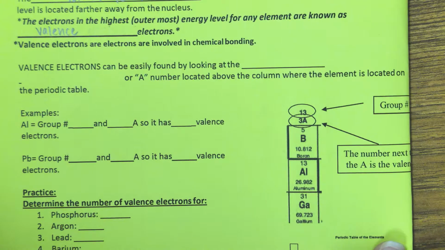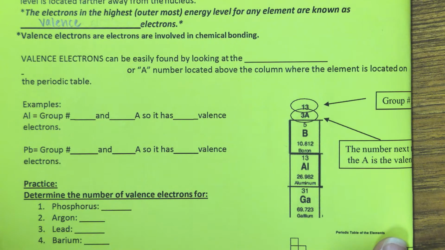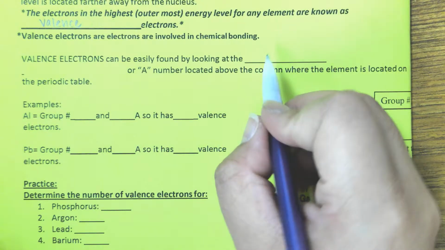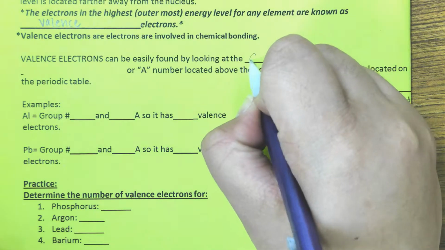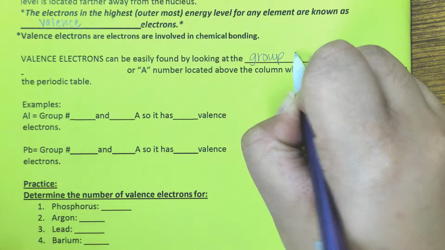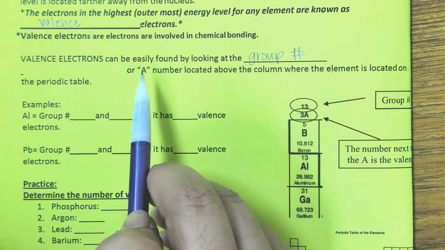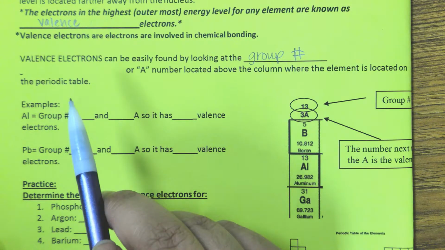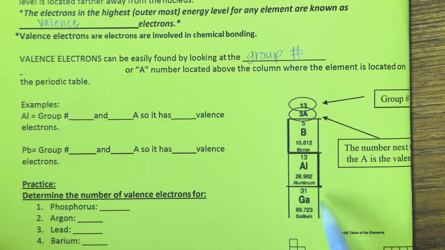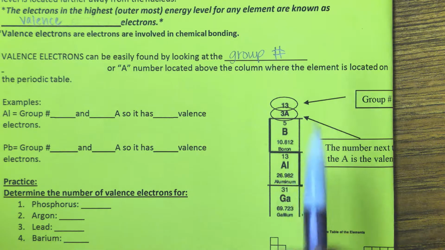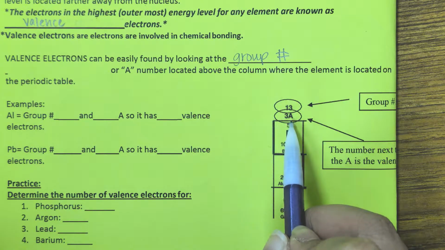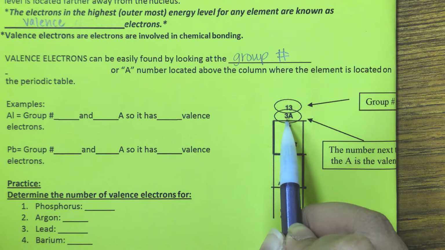Valence electrons can be easily found by looking at the group number, or the A number located above the column where the element is located on the periodic table. So if this is a column on your periodic table, this is your group number, and this is technically also a group number that tells you how many valence electrons you have.